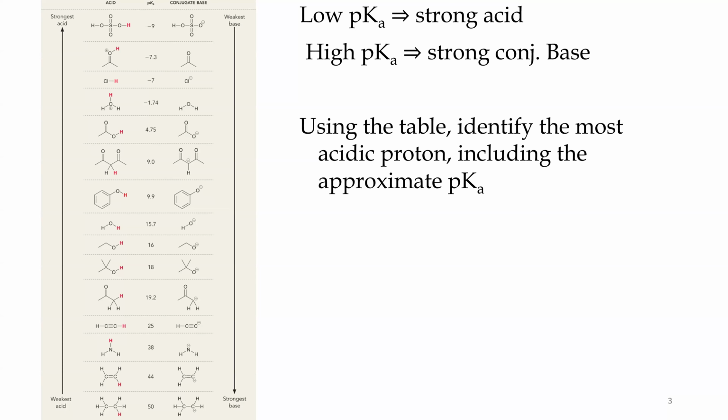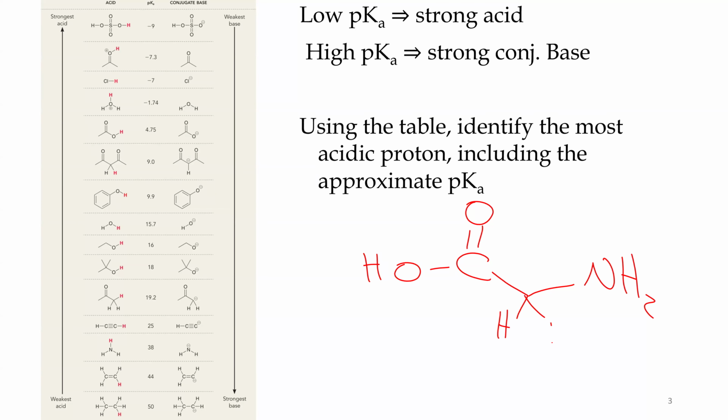So if we looked at, say, an amide, amides are on here, right? Amides are not on here. If we looked at an amine, it's an amine because it's one carbon away from the ketone, versus a carboxylic acid, versus the alkyl hydrogens. What is our most acidic proton?